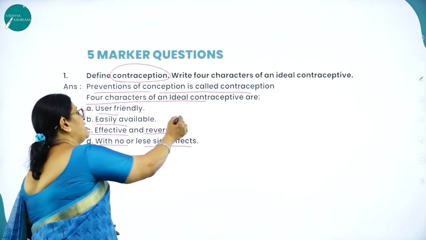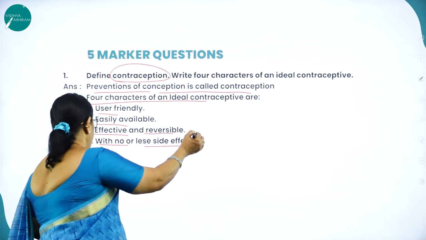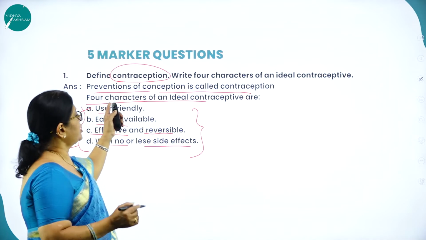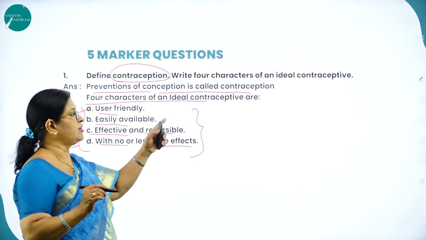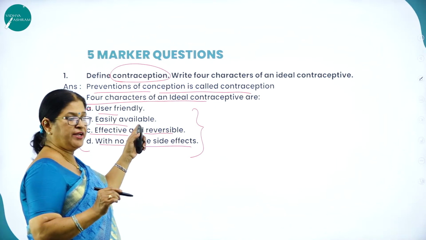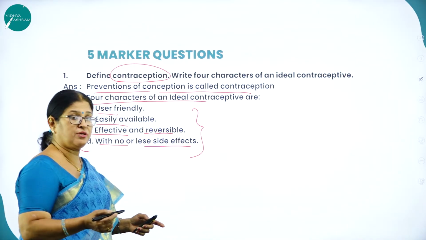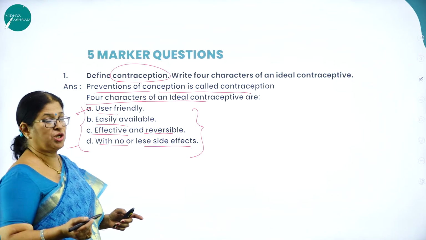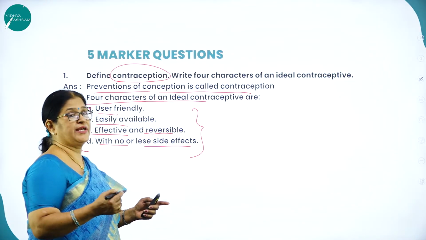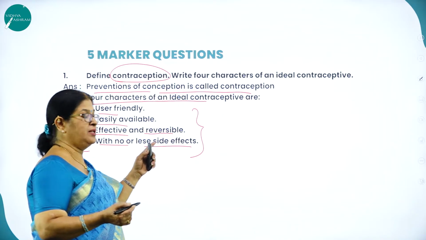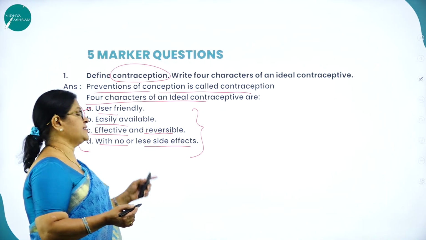For example, it is easily available in all pharmacy shops or medical shops, so that they can avoid unwanted pregnancy. All these are very, very important things which they usually ask in the examination.